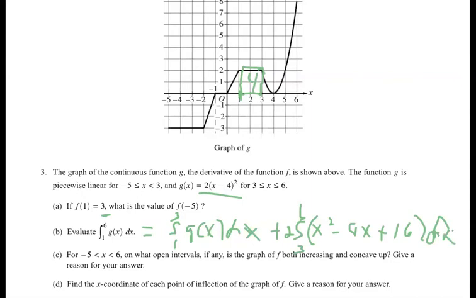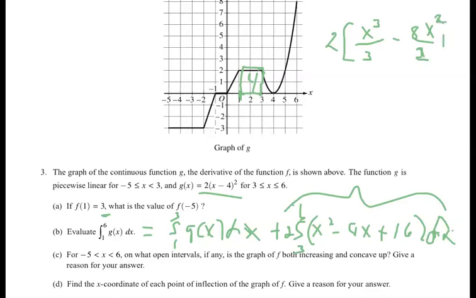Okay, so I'm going to go ahead and simplify this part right here. So we got 2, and then inside there I've got x to the third over 3, minus 8x squared over 2, and then plus 16x.